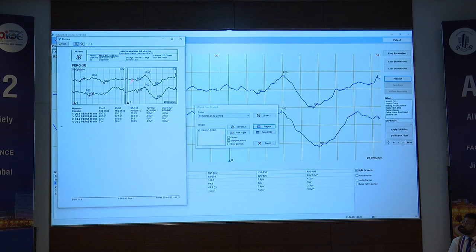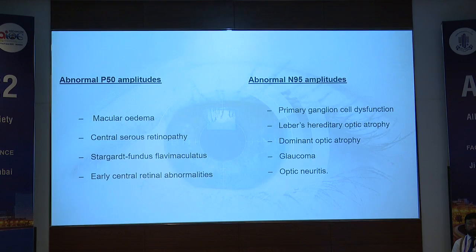It should contain the normal waveforms of P50 and N95. It should contain the normal values of the various variables that we are measuring. And what are the variables we are measuring? We are measuring the latency and the amplitude of P50 and N95. So the actual values, the normal values, and the waveforms are something that should be incorporated while we are giving the printouts of the reports.